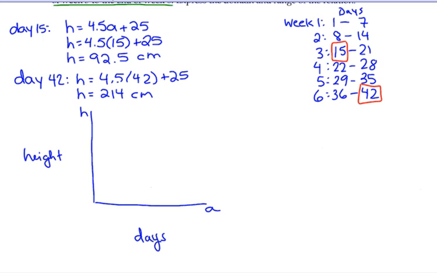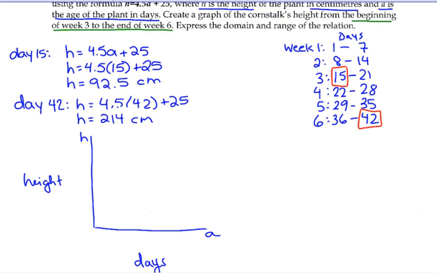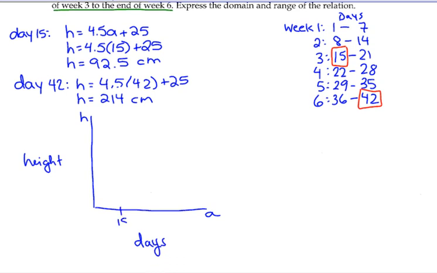We're only looking between day 15 and day 42. And we need what two heights? 92 and a half and 214. So for our plant growth, we're just looking between those two values. See what I mean by a really rough sketch? I'm just putting in the ones that are important.